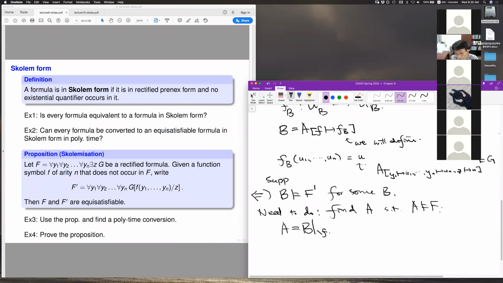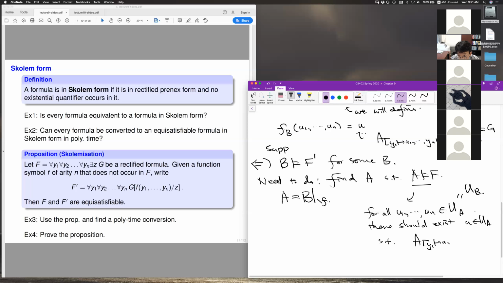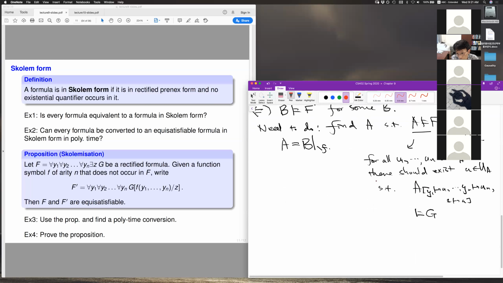If you do it, this A is going to satisfy F. Why is that? To show this is really the case, we have to say it for all u1 up to un in the underlying universe of A, which is the same as the underlying universe of B, there should exist u in U_A such that A with y1 mapped to u1, yn to un, z to u satisfies the formula G. Now we have to make this choice, that there should exist u.